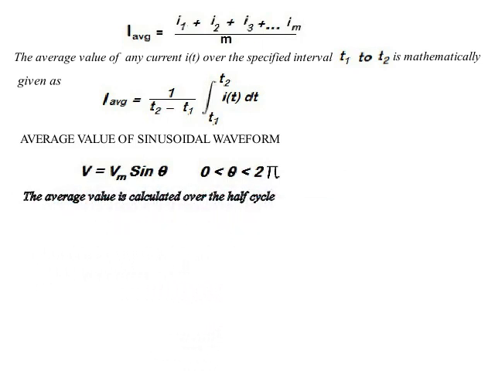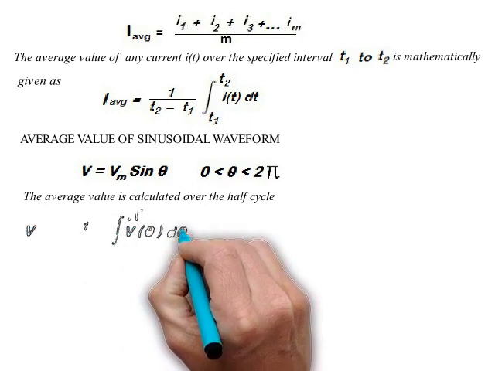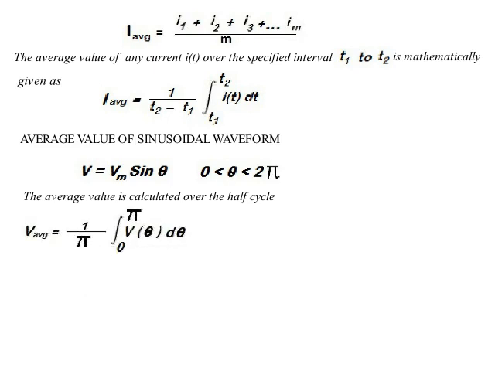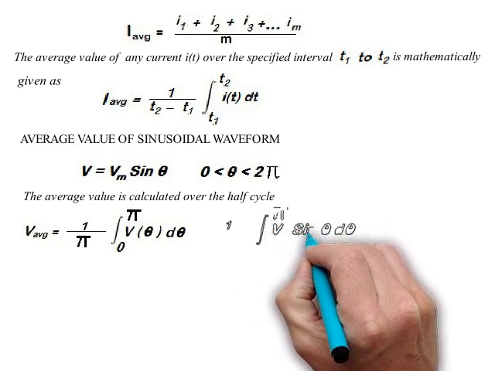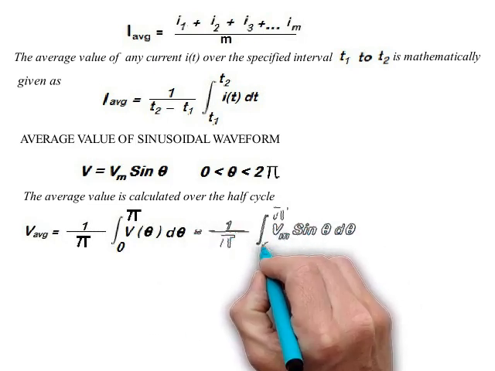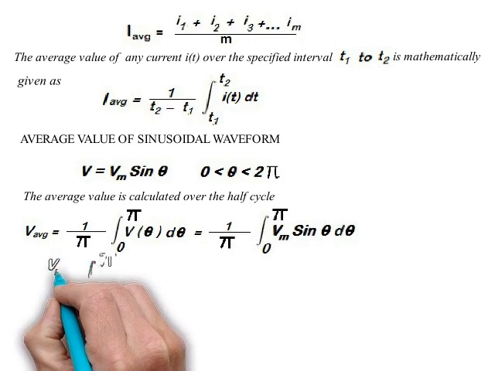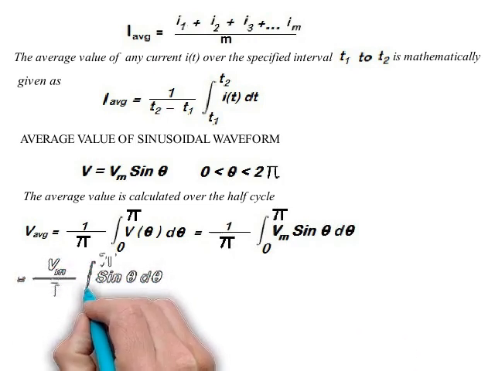So V average is equal to 1 by pi integration of 0 to pi V theta d theta, which is equal to 1 by pi integration of 0 to pi Vm sin theta d theta. So we will take Vm out of the integration, so this will become Vm by pi integration of sin theta d theta.